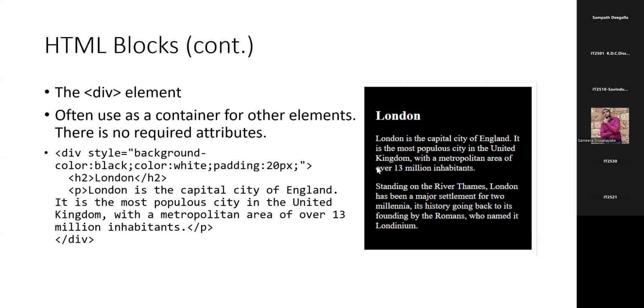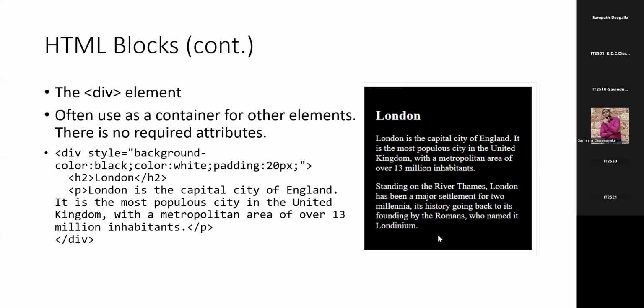This is called padding. We use something called a box model. I will explain that in coming sessions. But for the time being, there's a space here which we have defined around the text, which we call padding. Right now, if you look at the style attribute on the div element, we say background color is black, the color, which means the text color, is white, and the padding is a space, which we say is 20 pixels.